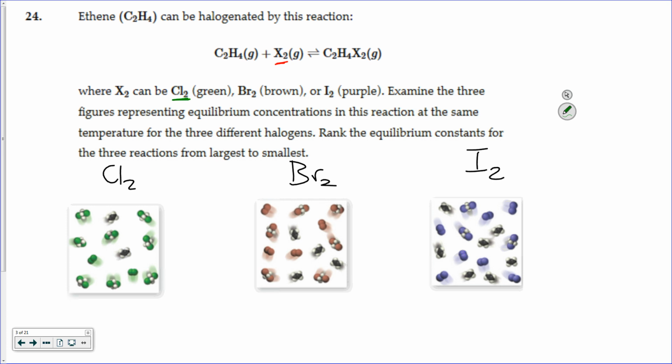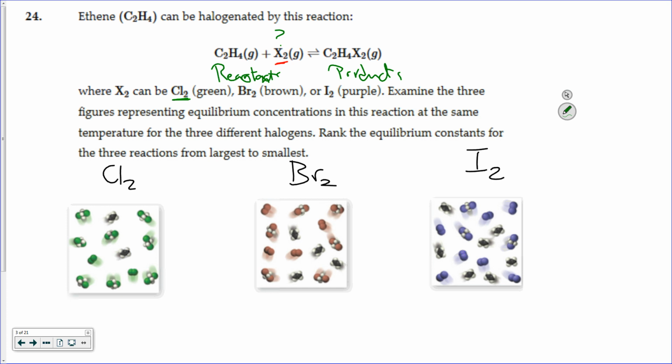So the chlorine atoms are green. So this would be the reactant that we're going to count on each one of them, versus the number of moles of product. So if we think of this, we've got reactants on this side and products on this side.